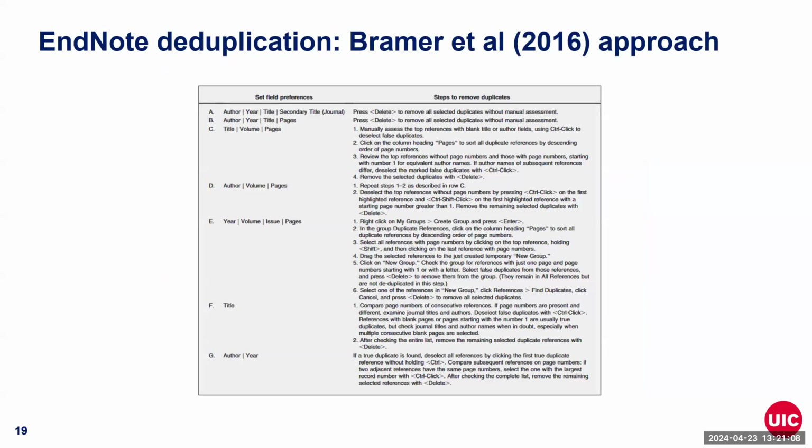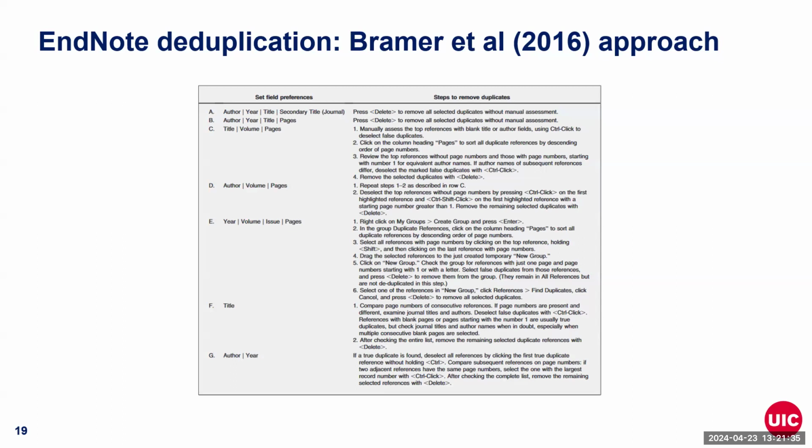And I briefly mentioned this article before, Bramer et al. 2016. I have a reference list at the end of the slides. But he created this very iterative process for changing the different fields to check and find duplicates based on different selected fields that are compared for duplicates.